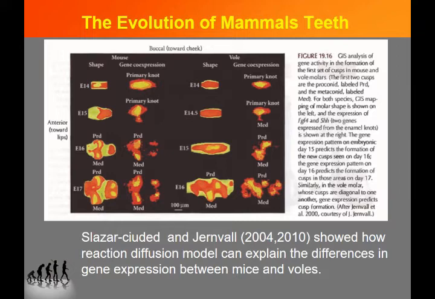We can see the different shapes between the teeth of mouse and vole and how the genes are actively forming the teeth of the organisms. And in 2004 and 2010, Salazar-Ciudad and Jernvall showed how the reaction diffusion model can explain the differences in gene expression between mice and voles.